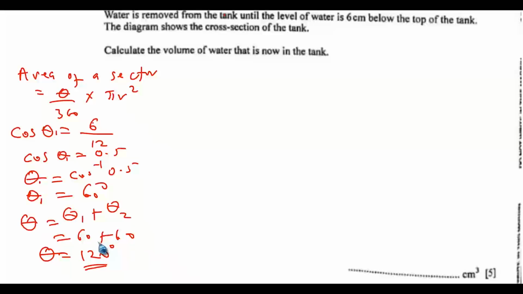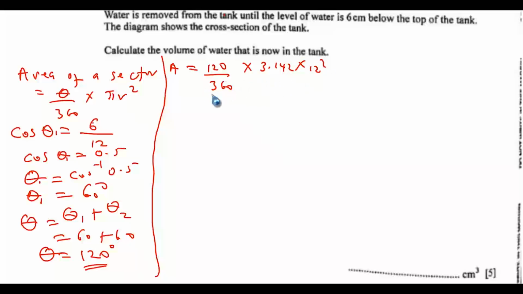Once we know this, we can now find the area of the sector. So we can draw a line like this to demarcate this. The area equals theta, that is 120 over 360, times the value of pi, which is 3.142, times the radius, which is 12 squared.